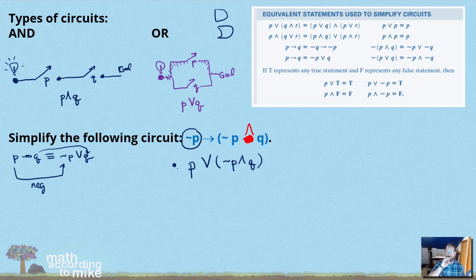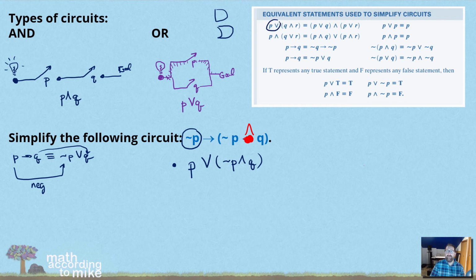All right. Now looking at our dotted line here and looking at our chart that we have, there's one of these that we can use to rewrite our dotted line. Look at the very first one there. Notice it starts with something. In this case, it happens to be a P or.